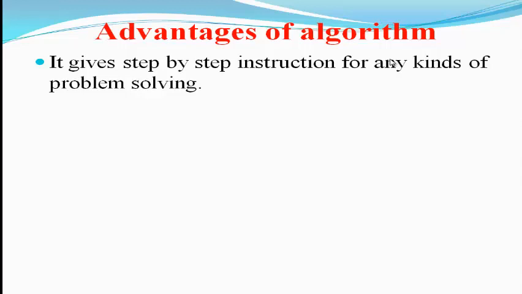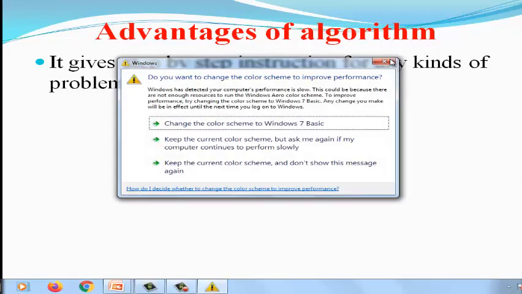It means when an algorithm is used in our program, we can easily solve any kind of problem because it follows step-by-step instructions. In the previous definition we saw an algorithm always follows step-by-step instructions. It is also called a set of instructions. That's why it makes a task very easy and proper.